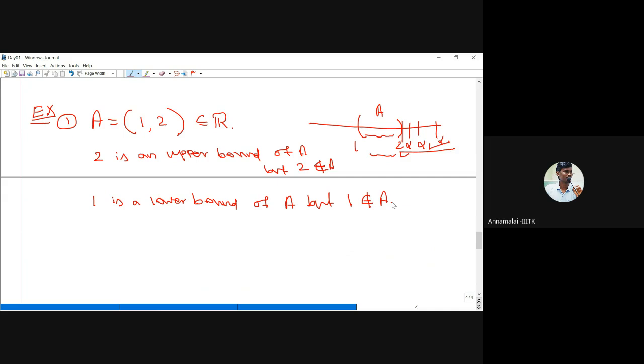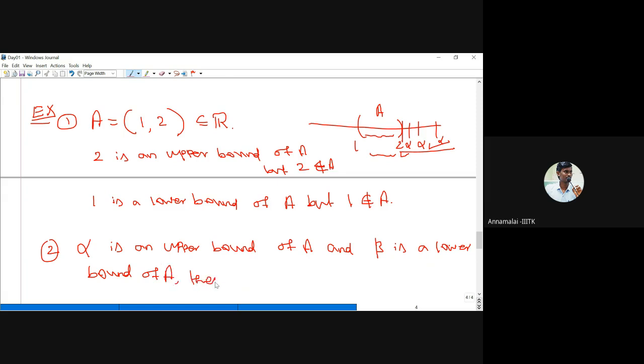Okay. And then what is the relation between an upper bound and a lower bound of the set? Suppose alpha is an upper bound of A and beta is a lower bound of A, then beta should be less than or equal to alpha.